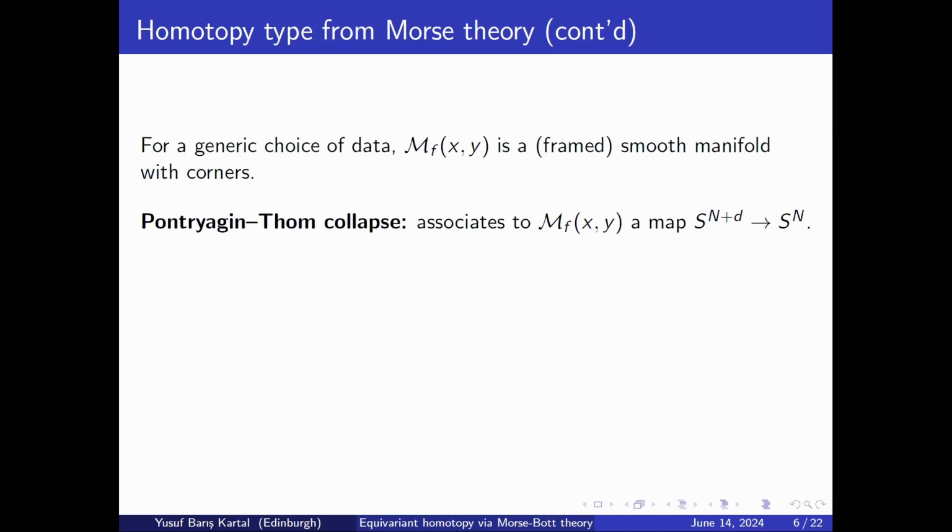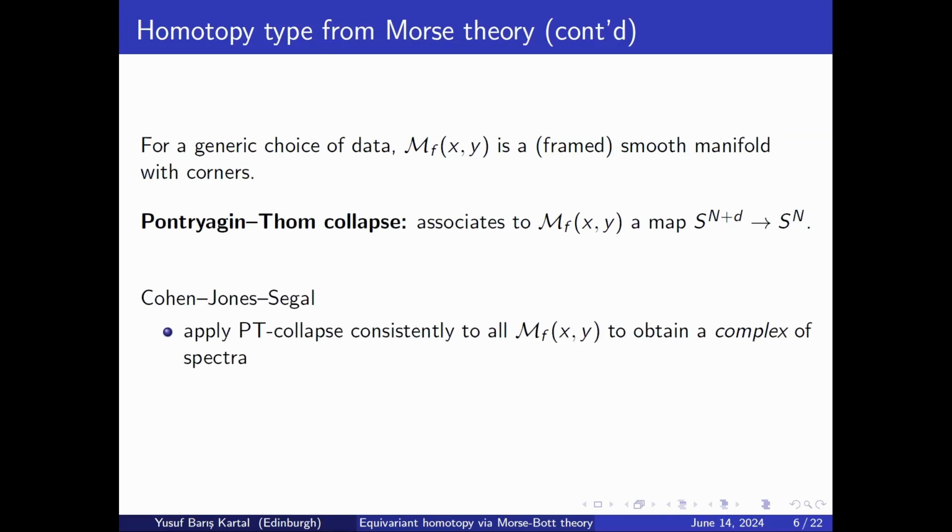Using this framing, you can embed it into some larger R^n, and using the trivialization of the normal bundle, you can write a map from a sphere to another. What Cohen-Jones-Segal do is apply the Pontryagin-Thom collapse consistently to all of these moduli spaces, to obtain essentially a complex in spectra, like a chain complex in spectra.